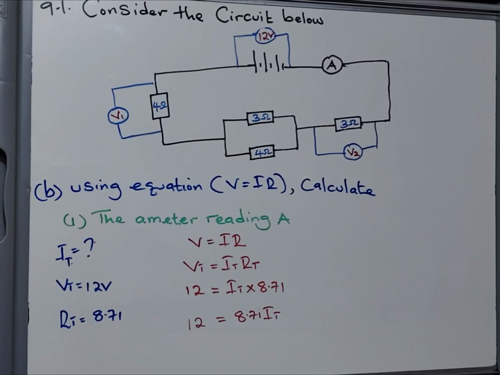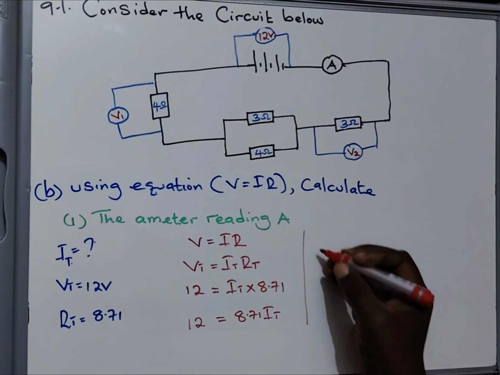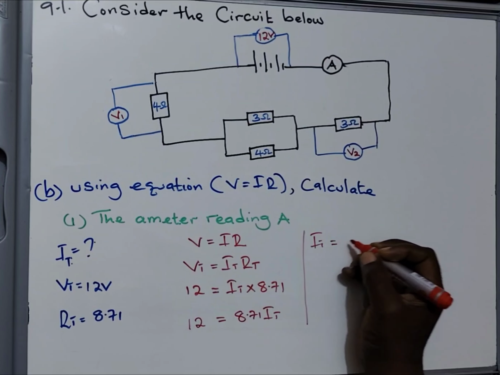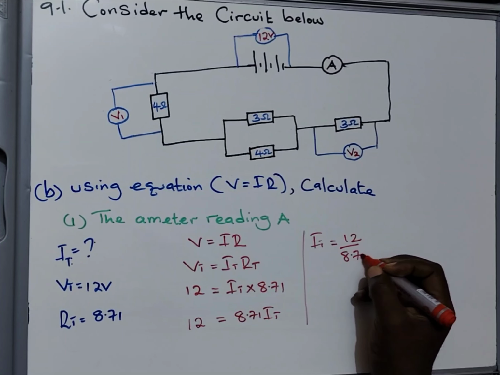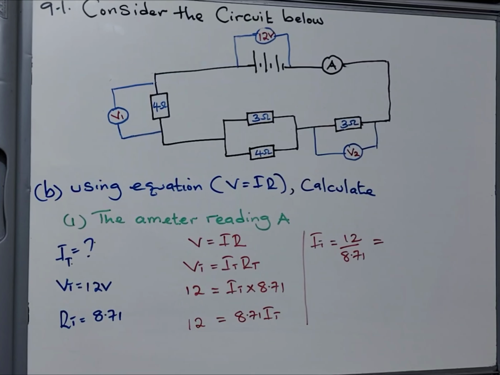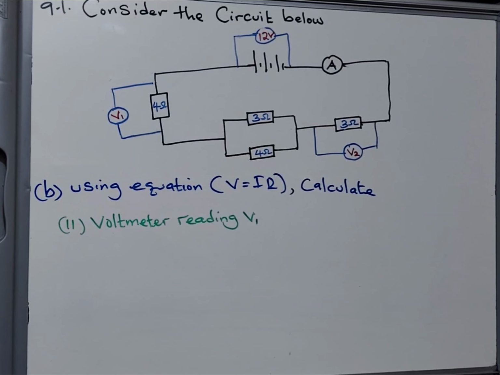So we calculate IT, which is going to be equal to 12 over 8.71, giving you 1.38 ampere.